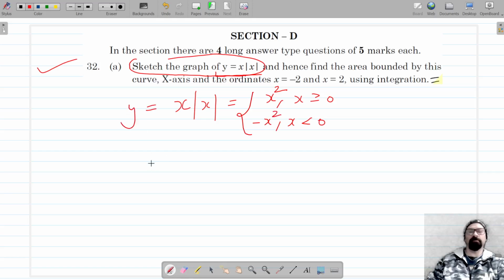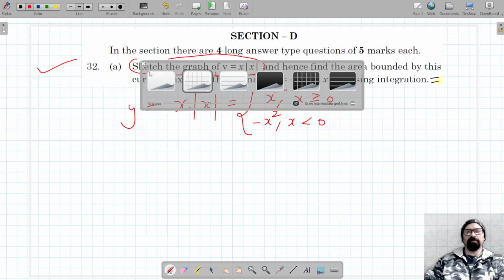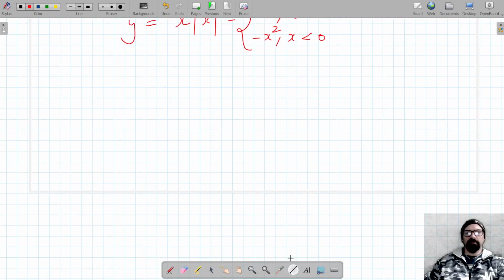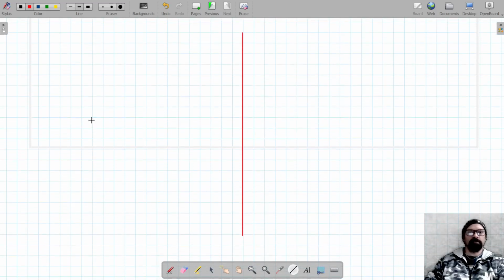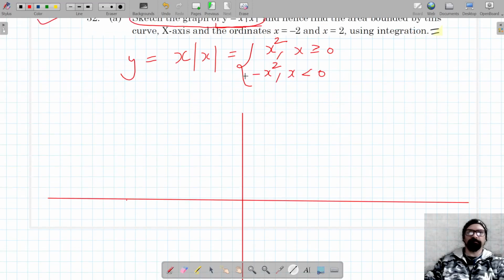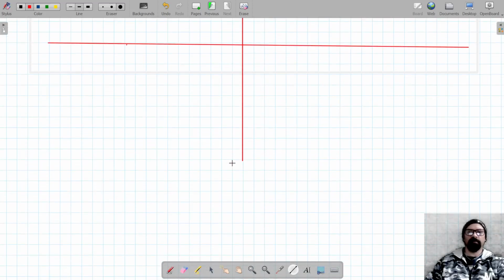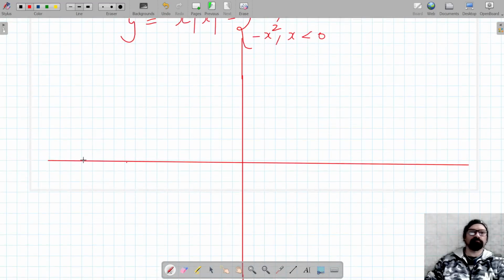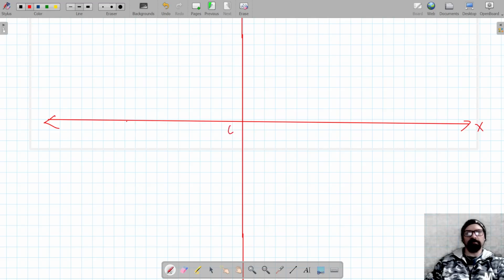So this is y is equal to, so let's sketch the graph for this. To sketch the graph, let's get our coordinate axes. Let's say this is the y-axis and this is the horizontal one, the x-axis. Let this be the origin.